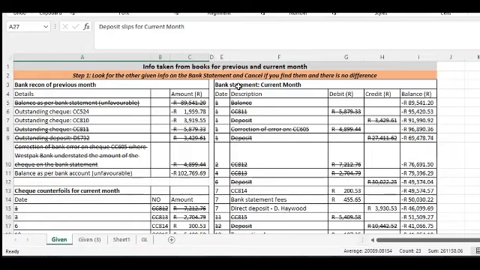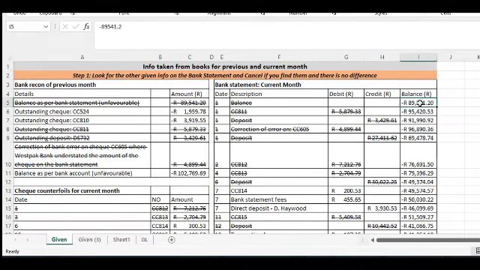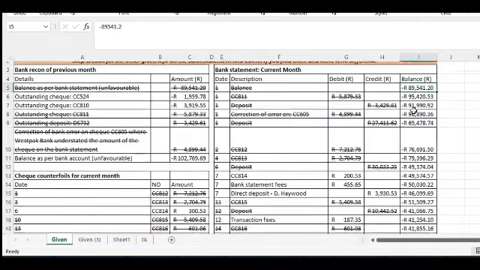And on this side, we have the bank statement for the current month. The only thing is that I didn't say that the account was in debit all the time. I just said we are in overdraft, and we started the month in overdraft. And so really, therefore, we start with that negative balance there.